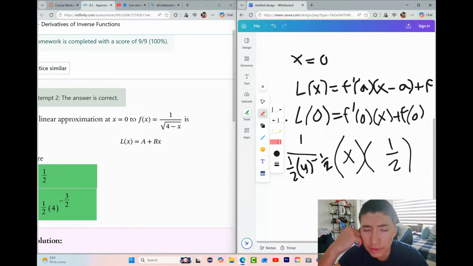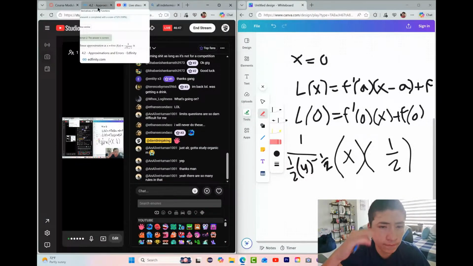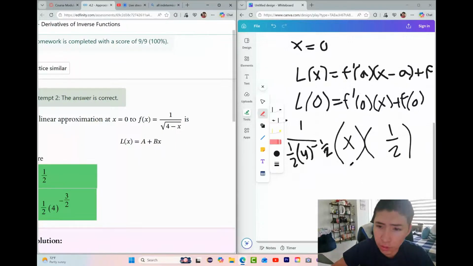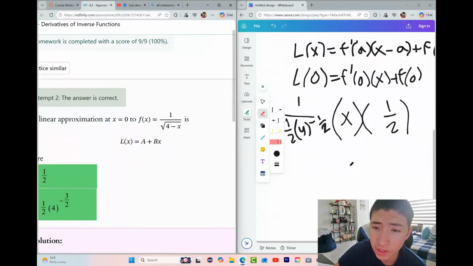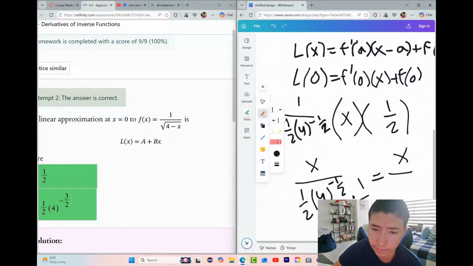Hold on. So what does that mean? So we have x over, so like this, times 1 half. And then we get 1 over 4, 4 to the negative 1 half.